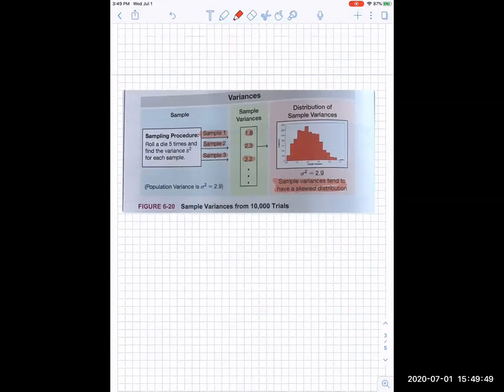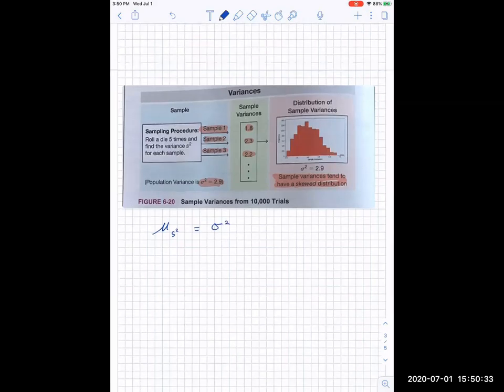Now, the population variance is 2.9. And if we take the mean of the sample variances, the mean of S squared, if we collect all of these sample variances and find their average, we notice that the mean of these variances is the population variance.